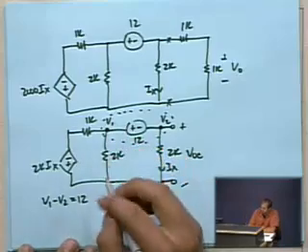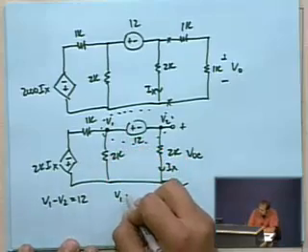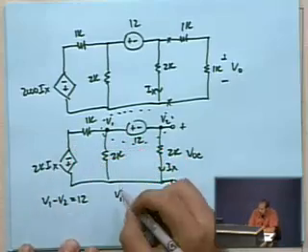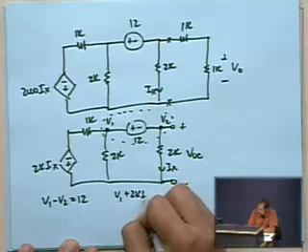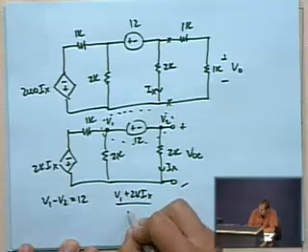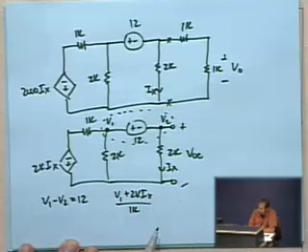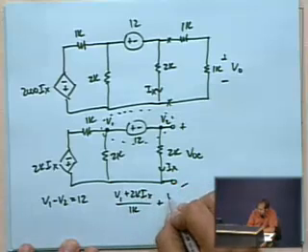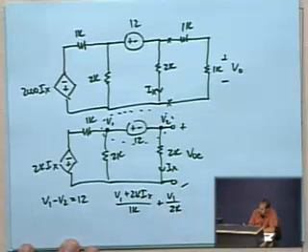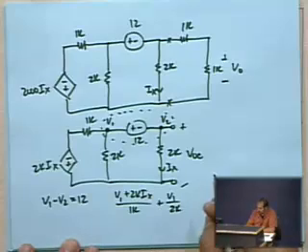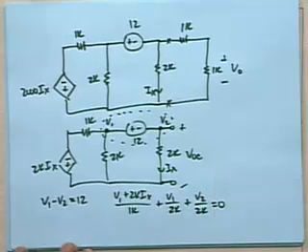We've got V1 minus a negative 2kIx, or plus 2kIx, over 1k, plus V1 over 2K, plus V2 over 2K equals 0.